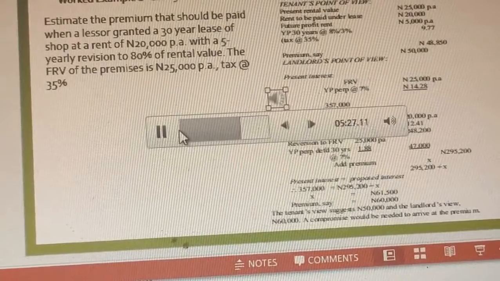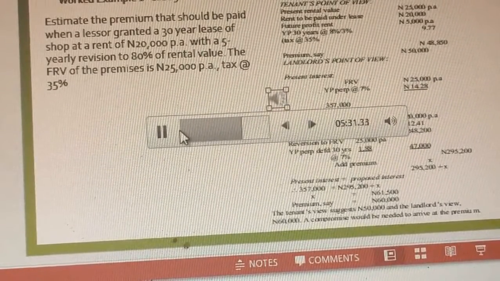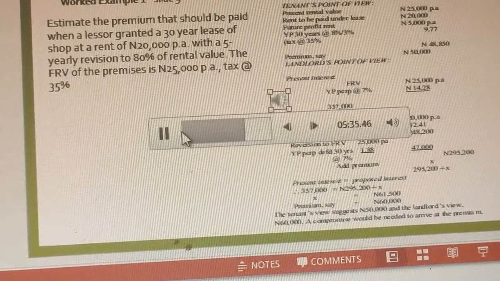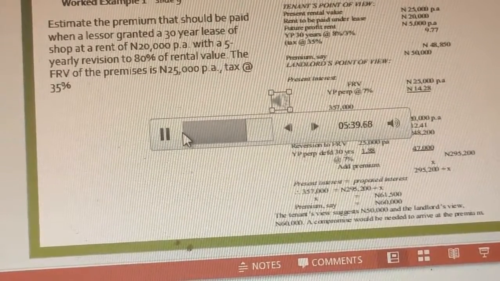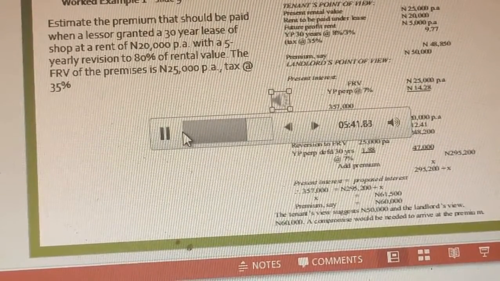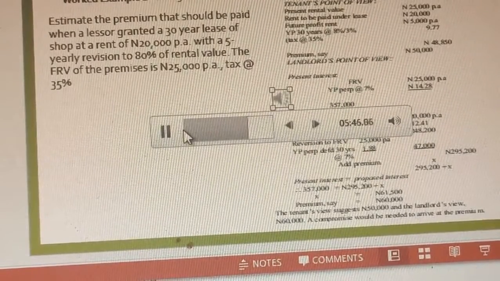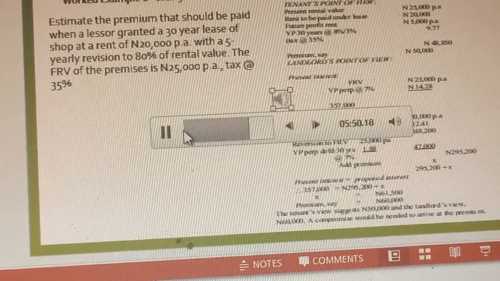And if you now add, which is 295,200, that is 248,200 plus 48,000, will give you 295,200.